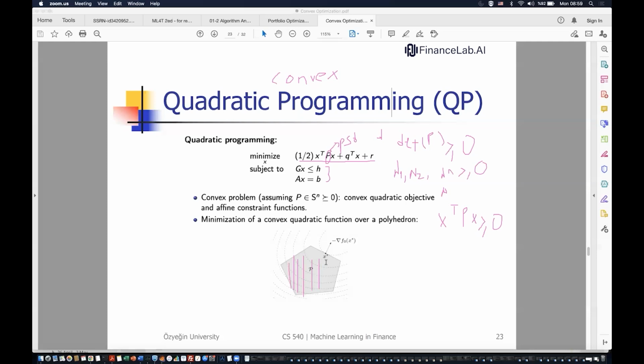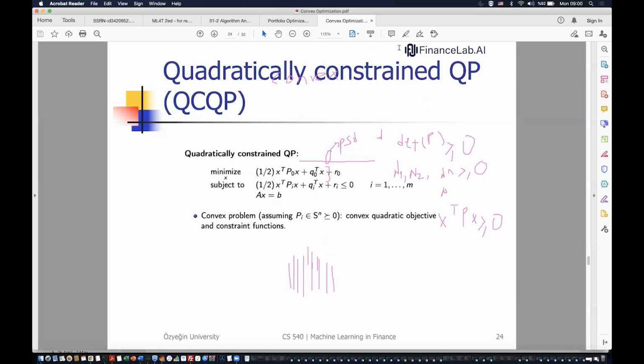And again, we are interested in the boundary point which gives us the maximum value of the objective. X star here corresponds to the point with the maximum objective value. So this is a convex quadratic program.